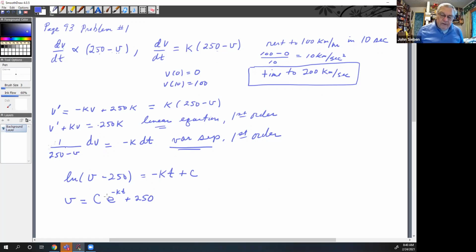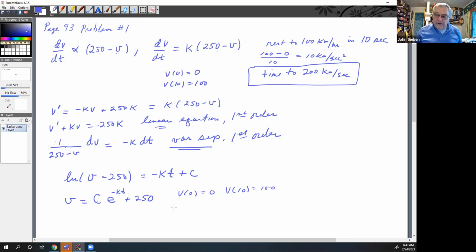Now, for problems of this type, we've seen them before. We've got one arbitrary constant, that's C, but we have a parameter K that we haven't determined yet. It was a constant of proportionality, and we haven't figured out what that is. And so to fully find a particular solution here, we need two conditions. But in this case, we know that V of 0 is equal to 0, and we know that V of 10 is equal to 100.